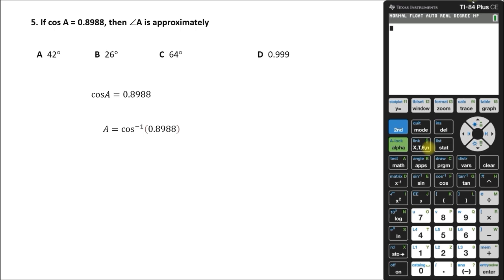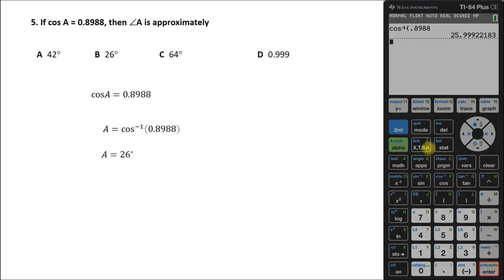To calculate the inverse cosine of 0.8988, go to our second function mode, press cosine to bring up the inverse cosine, and type in 0.8988. Click enter to give us a value of 25.99, which will round up to 26.